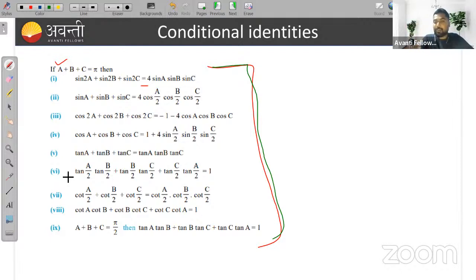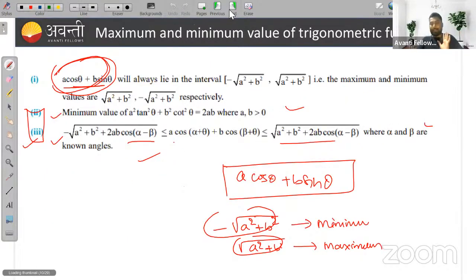So we are just revising. Try to remember all these formulae, and if you have time after your class, you can go through the book. I'm telling you one book, that is Aryan Trigonometry. You can take Aryan Trigonometry, and also Cengage. From these two books, you can refer to any book, and you will get the derivation of all formulas. Sorry for that, guys.